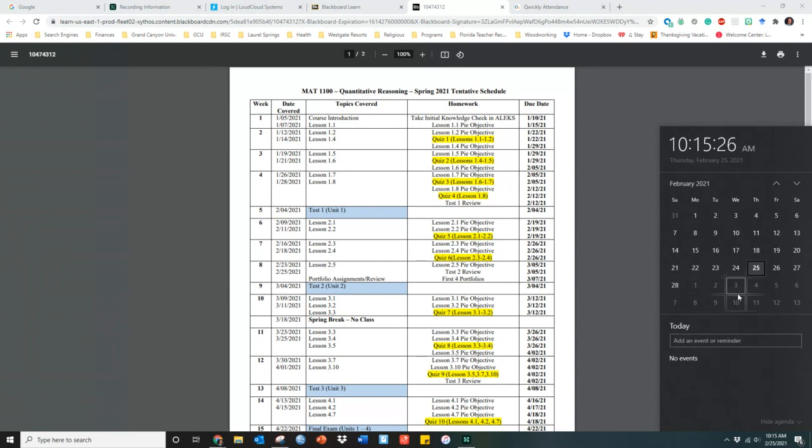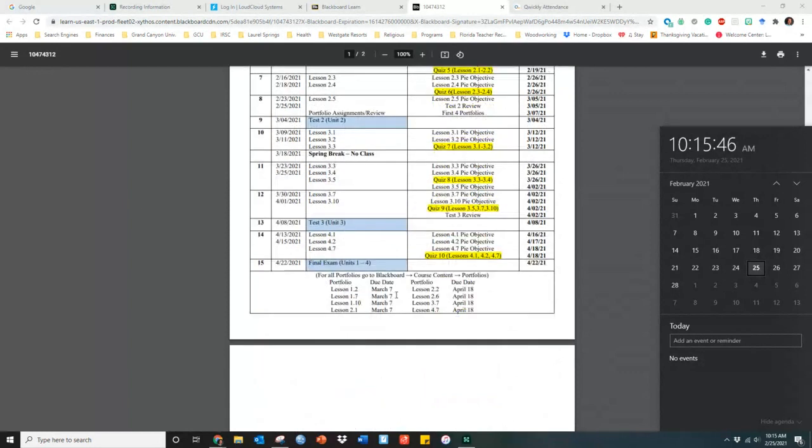I could have changed this, but that gives you guys extra time for a review. Are you okay with having the test on Thursday, or would you like the test on Tuesday and have portfolio on Thursday? Is there any requests to change that? I thought at the bottom of the schedule of activities it said that the portfolios are due March 7th. They are, yes, they are due March 7th, correct. So that stays the same.